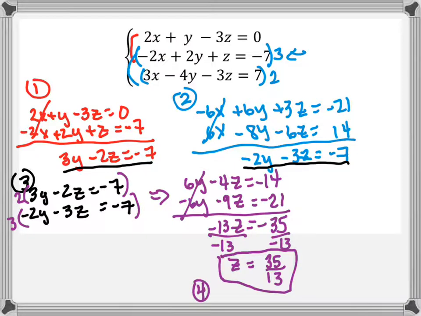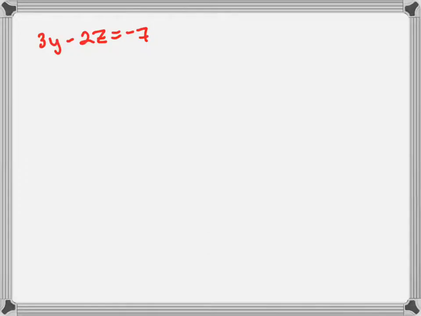Now I'm going to take this value of z and substitute it into this equation that we found in part 1 over here. And then I should be able to solve for y. And I could have just as easily substituted it into the equation that resulted from step 2. So I'm using the equation 3y minus 2z equals negative 7.